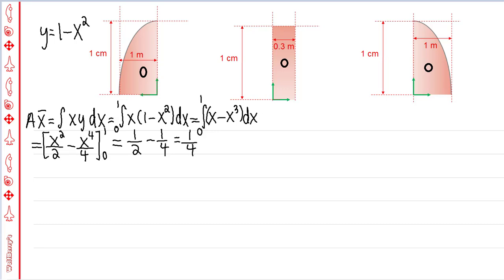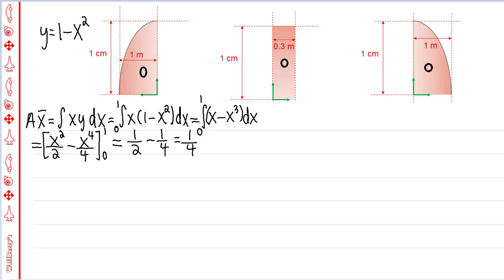So recall, this was the right side of the equation, equals area multiplied by x bar. From the previous video we found the area of this to be 2 over 3. So if we divide 1 over 4 by 2 over 3, it will give us x bar.